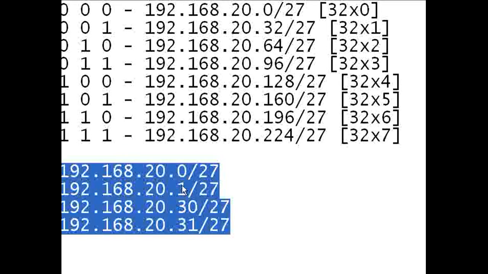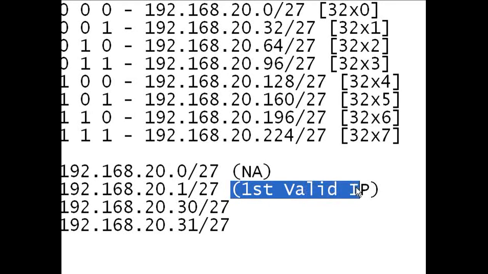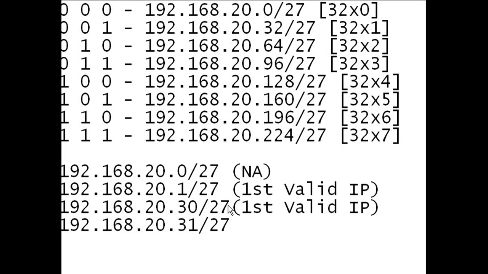Let's write it: network address, first valid IP, last valid IP, broadcast address. So this is the first subnetwork.